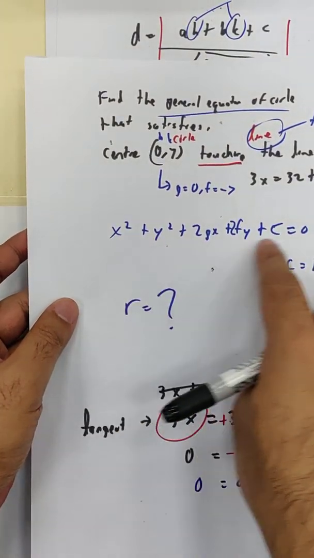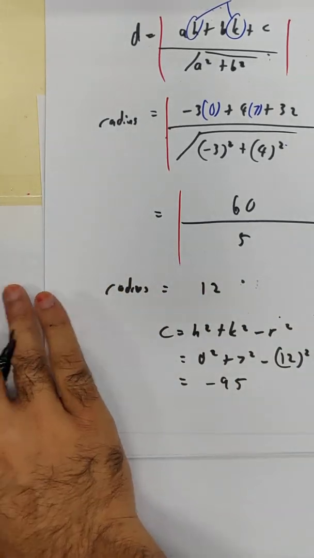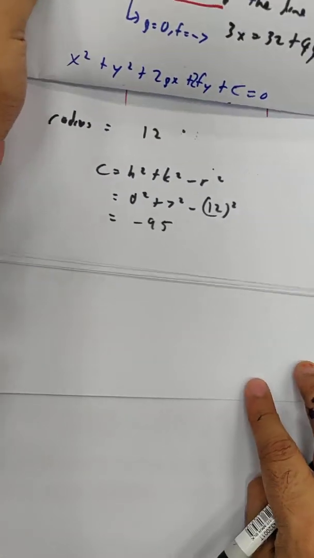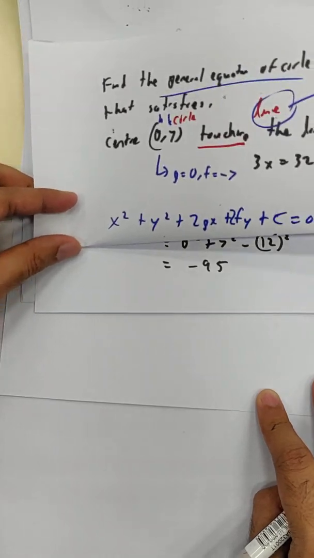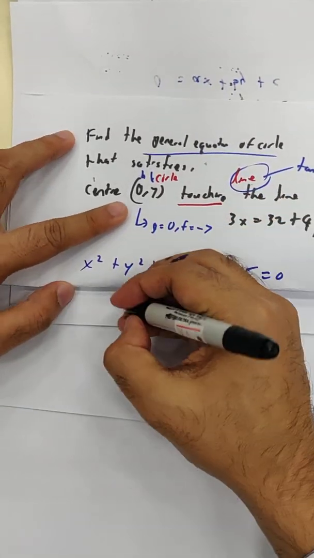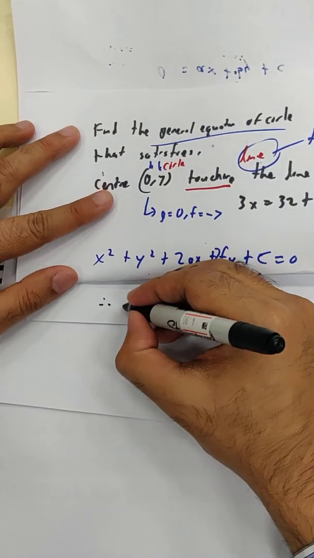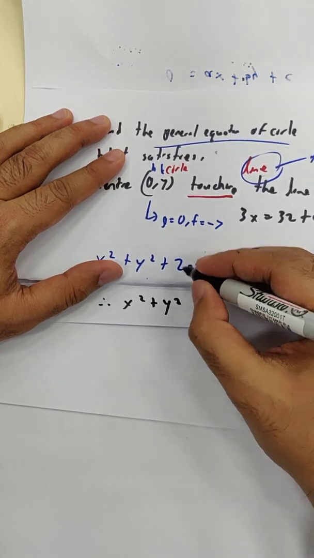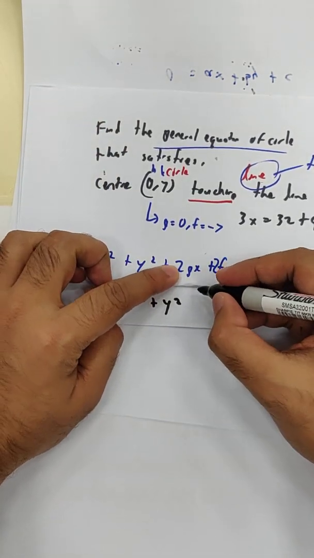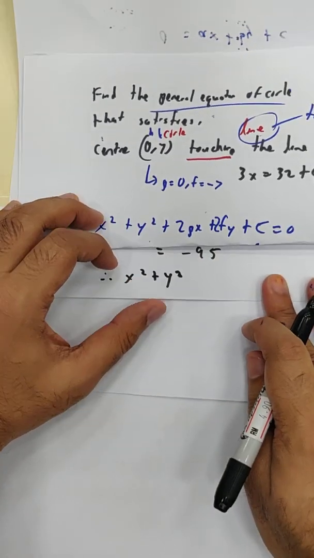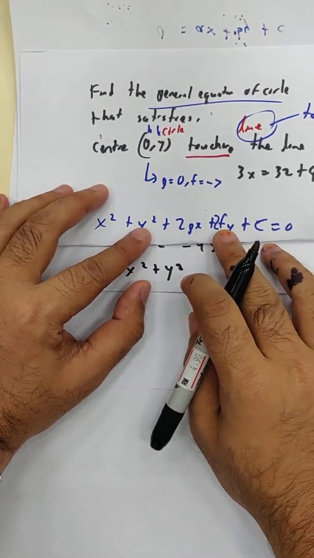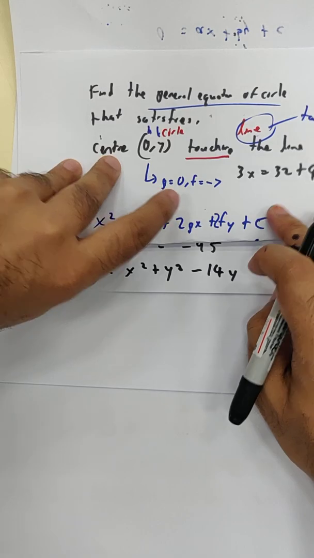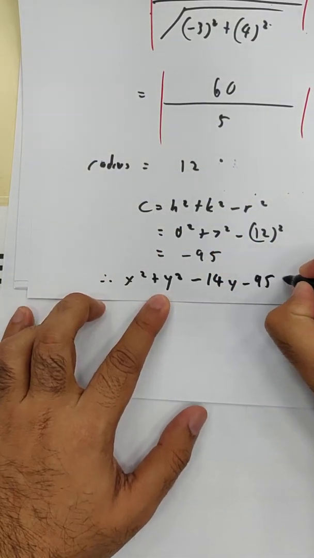And going back to this one here. So x squared plus y squared, plus 2gx, g is 0, we don't need that. Plus 2fy, f is -7, so -14y, plus c, which we got here, -95, equals 0.